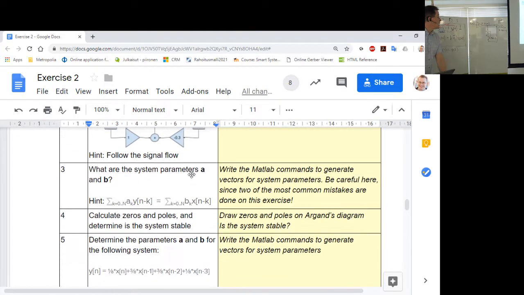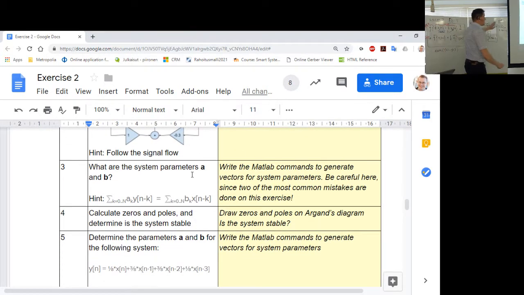Second part, third part, system parameters. Now you just need to be careful. Remember what I have said. You calculate the output following the signal. In the form of that, you have basically a sum of, for example, B1 x[n-1], and so on, and then you have minus A1 y[n-1], and so on.